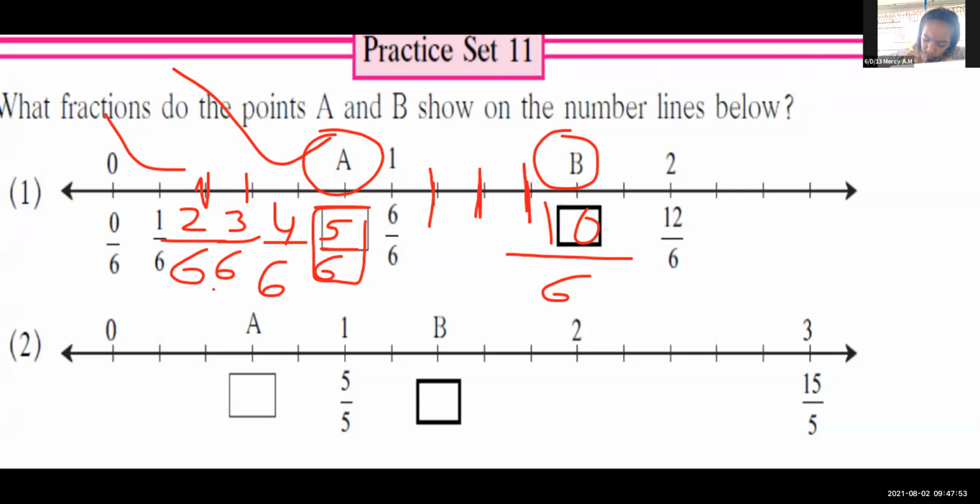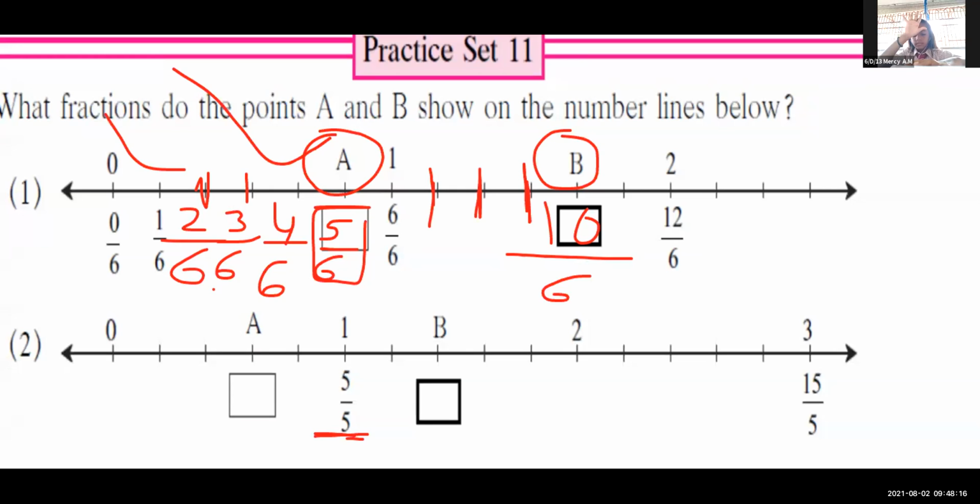Now the second one. In the second one, what will be our denominator? In the second sum, what will be our denominator? Very good, Jaya. It is 5. Why? Because this number is showing the denominator. So from that we can identify the denominator will be 5.